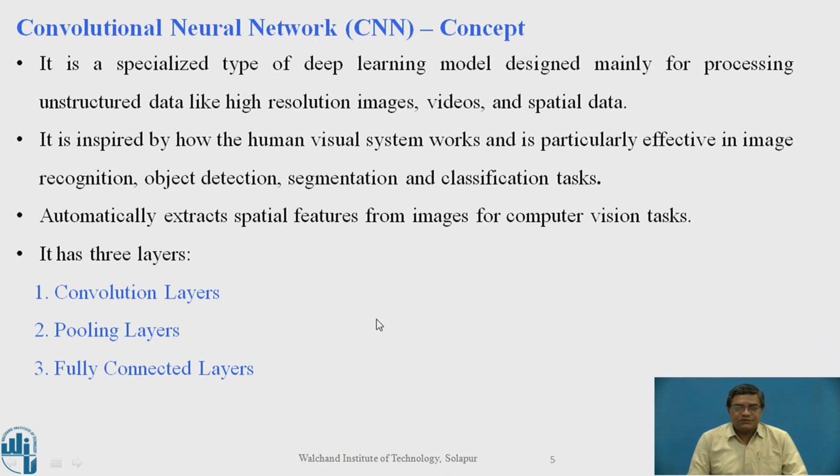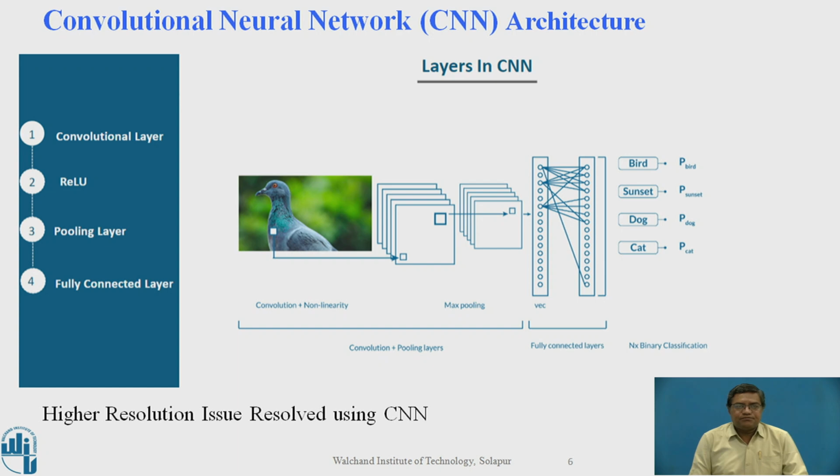It has 3 layers: convolutional, pooling and fully connected layers. This is the layered architecture of the CNN, starting with convolutional layers with the ReLU activation function for non-linearity, followed by max pooling layers, followed by fully connected layers, and finally we have the predicted output as class labels.